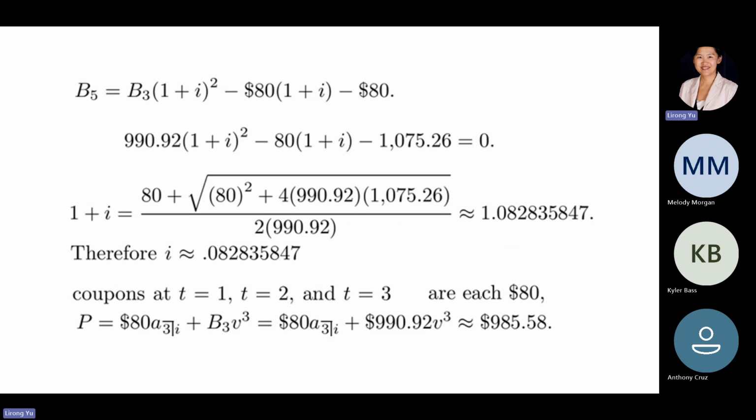In the textbook, it had a different approach. In the textbook, think about B3 as the book value. And then there are relations between the book value at 3 and the book value at 5.